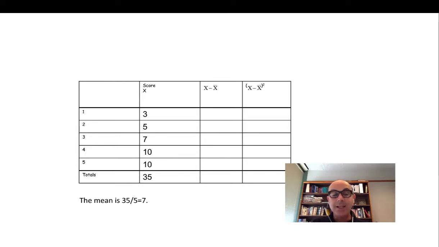So in this case the mean is equal to 7, and if I do some simple calculation, it is x minus x hat.